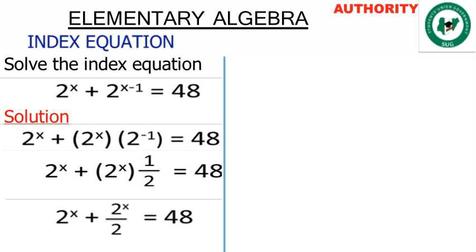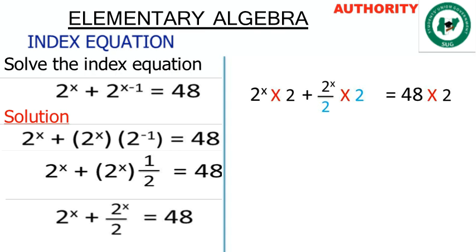Now we want to remove this fraction, and what we have to do is to multiply through by 2. So we are going to have 2 raised to power x times 2 plus 2 raised to power x all over 2 times 2 equal to 48 times 2.